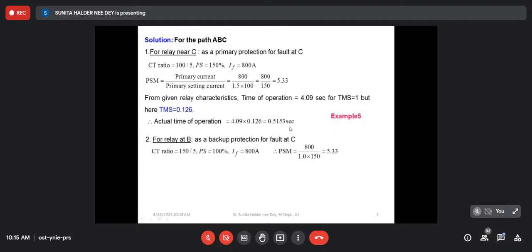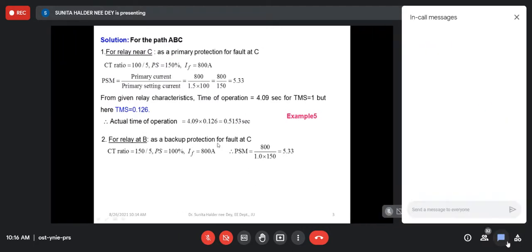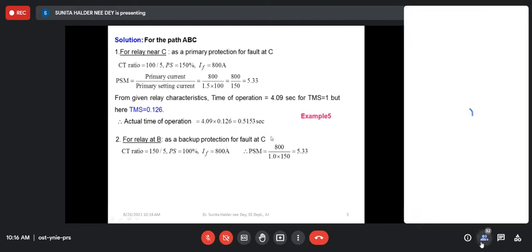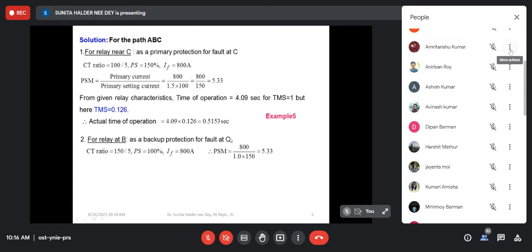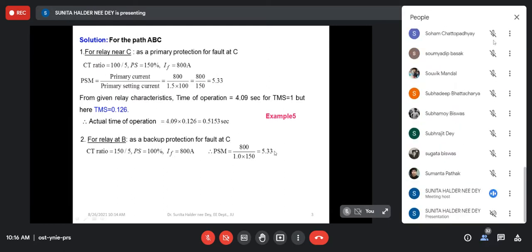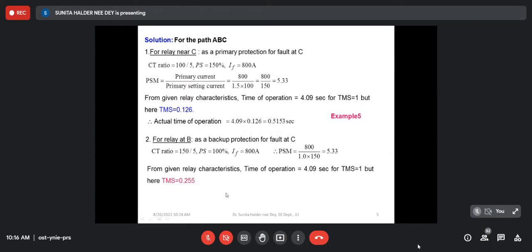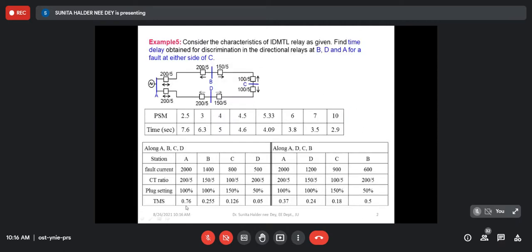So from the relay at C, we shall set the time for the relay at B for the fault at bus C. At C means, I am mentioning repeatedly, not at bus C, but near to the bus C. So from the current data, we can calculate the PSM, and from the time characteristics, we can calculate the TMS, and from there we can calculate the time of discrimination, because TMS is given here.